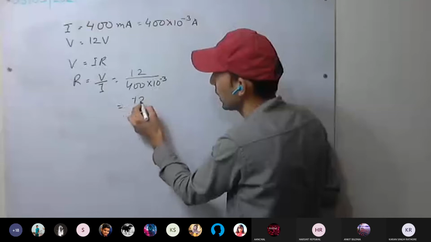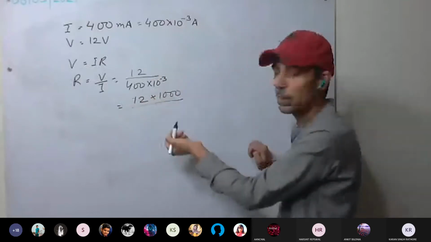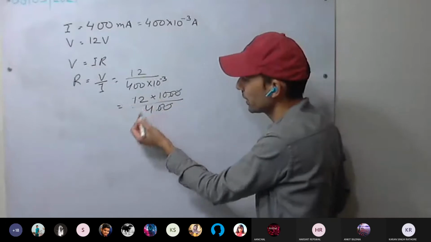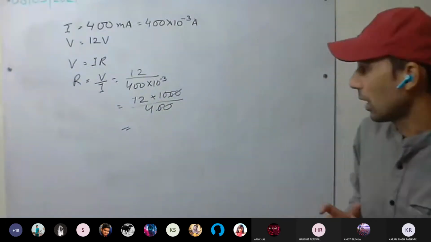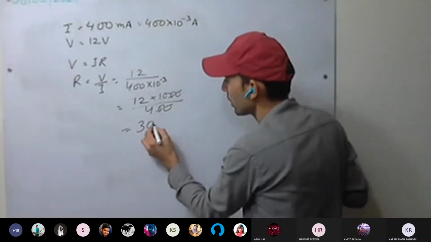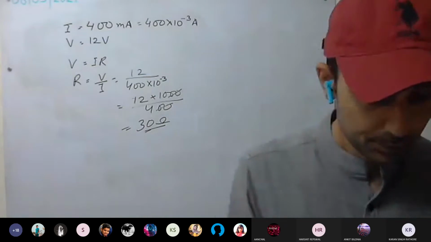This will be 12 into 1000. It will come in the numerator, 10 raised to power 3 divided by 400. Two zeros get cancelled. You get the answer. How much are you getting? 30. 30 ohm. Clear?